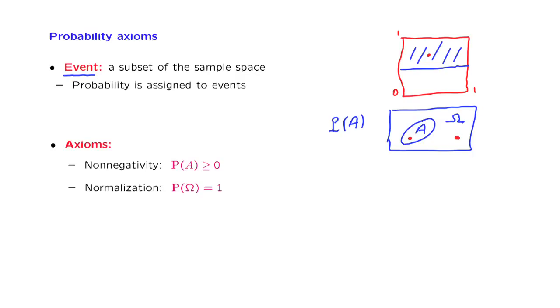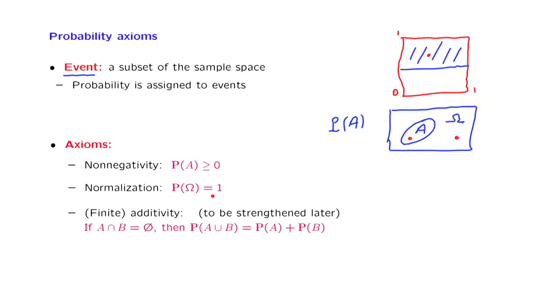So we have absolute certainty that our outcome is going to be in omega. Or in different language, we have absolute certainty that event omega is going to occur, and we capture this certainty by saying that the probability of event omega is equal to 1. These two axioms are pretty simple and very intuitive. The more interesting axiom is the next one that says something a little more complicated.